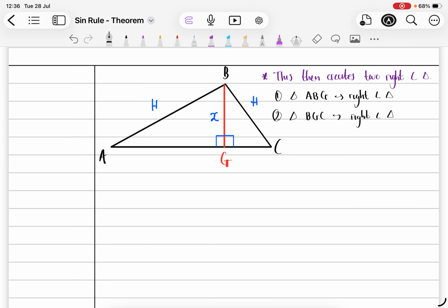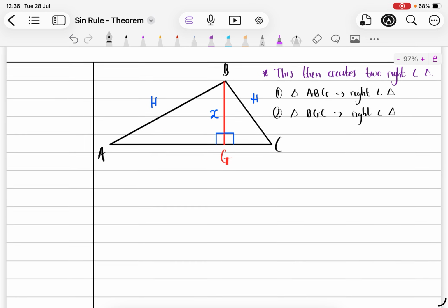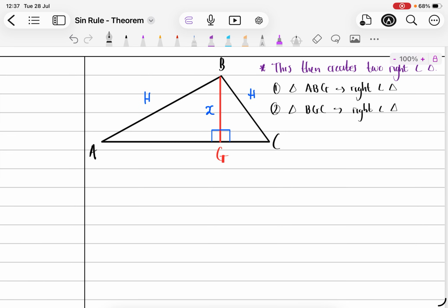So let us begin. First things first, remember what we have for sine: SOH, so sine theta is equal to opposite over hypotenuse, correct?